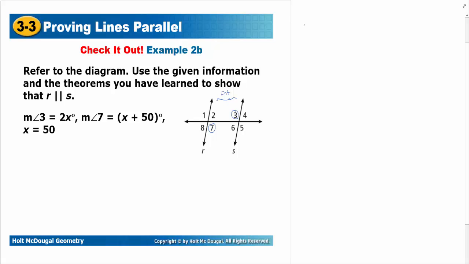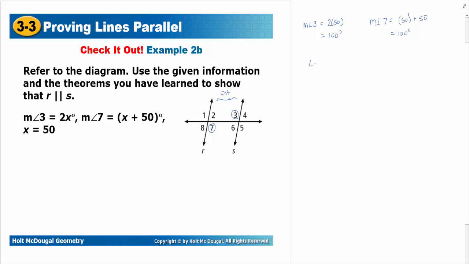So let's do this. Measure of angle 3. Well, that's going to be 2 times x, which is 50, so that's 100. So I got 100 degrees. Measure of angle 7, well, that's going to be x plus 50, and x is 50, so 50 plus 50, which is also 100 degrees. So I know they're equal.